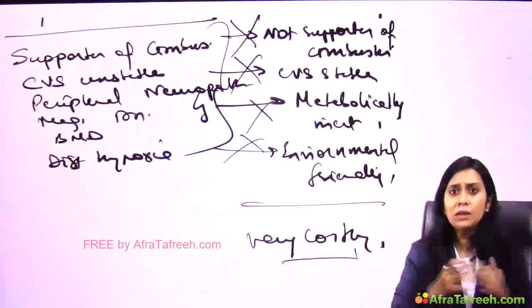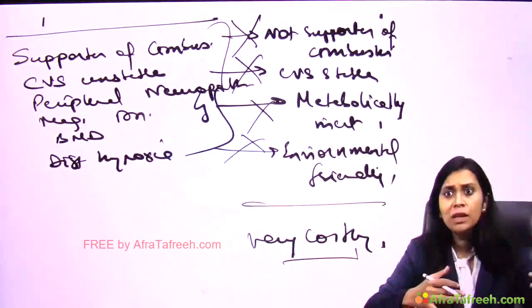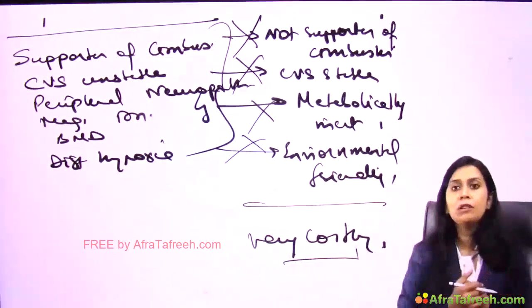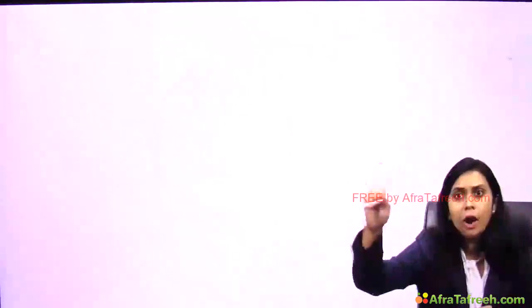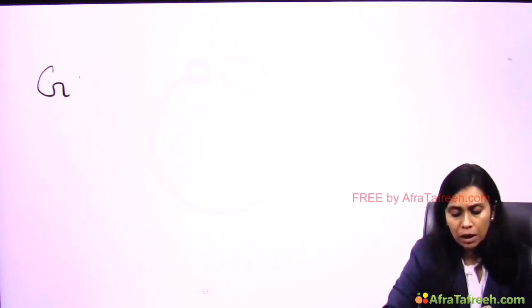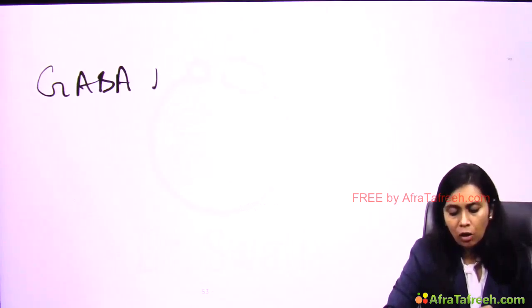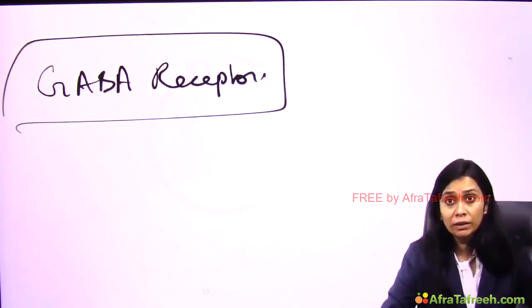Both act on the central nervous system. In inhalational also I haven't mentioned where on the CNS. In IV also I will not mention where on the CNS, because I want all of you to remember all inhalational, all IV act on GABA receptor in the brain. All inhalational, all IV, except two agents.